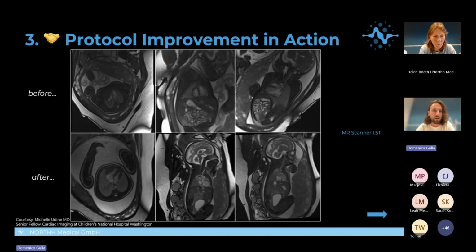Of course they are nice images, but something can always be improved. So we tried to reduce all the noise in the images, increase the flip angle, and also change the spatial resolution.